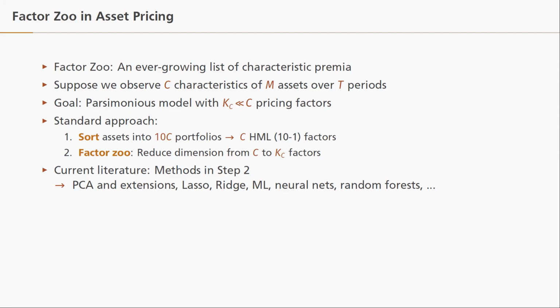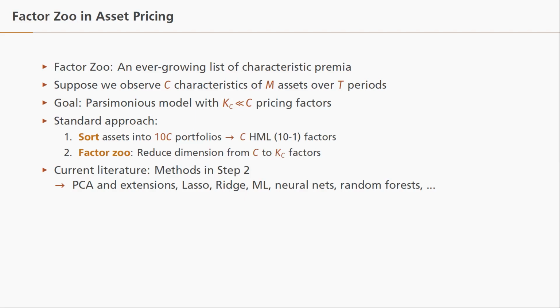A lot of the fancier models are about step 2. We can start with something simple. PCA is the standard, going back many decades. There's a lot of work on extensions of PCA. Then we get into lasso-ridge kinds of models, machine learning, neural nets, random forests, and so on.